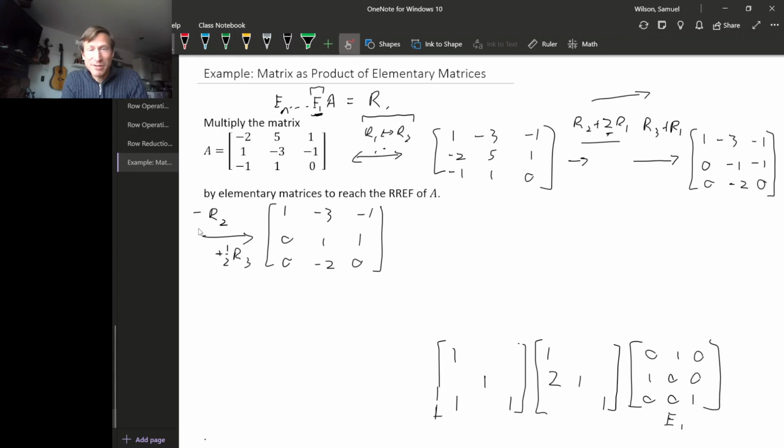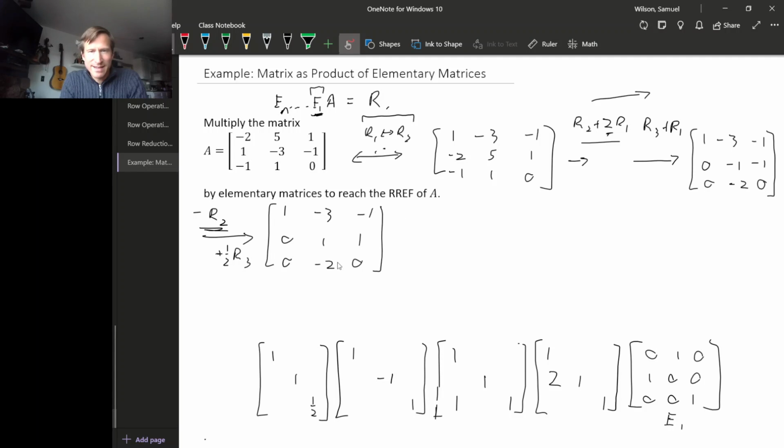Okay, so first let's write the elementary matrix for this operation. So we're scaling row 2, so the 2, 2 entry is going to be the constant we're scaling by, so that's minus 1. Everything else is 1's on the diagonal, 0's off the diagonal. Okay, and then to multiply row 3 by a half, we need a 1/2 down here.